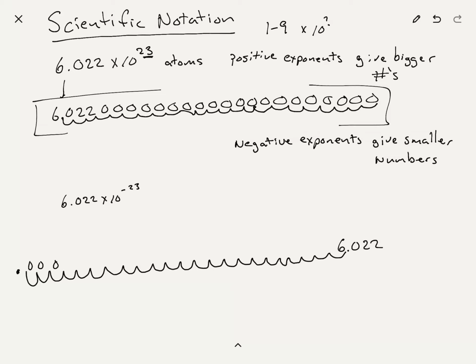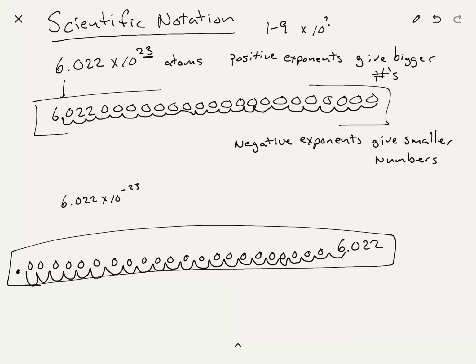And now our decimal point lives here, and we would put zeros in all those little hoops. So as we can see, this number that I just did is very, very tiny and way different than this number by like a magnitude of 46.